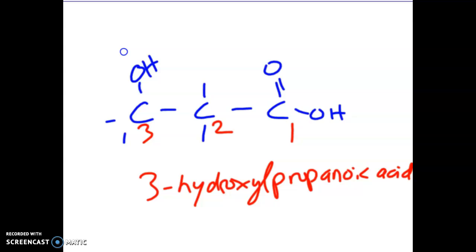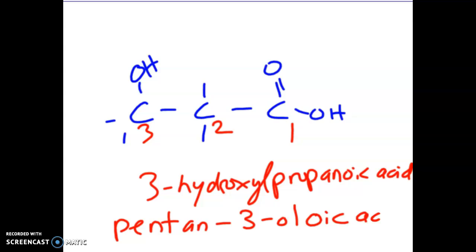Okay, the other way of doing this is if you separate the different suffixes, and including the OH. However, the parent functional group, the most priority, has to be the one written last. So it would look like this. So pentan 3-oic acid.